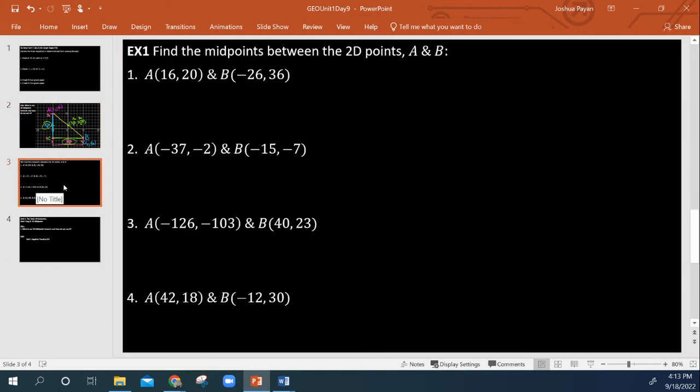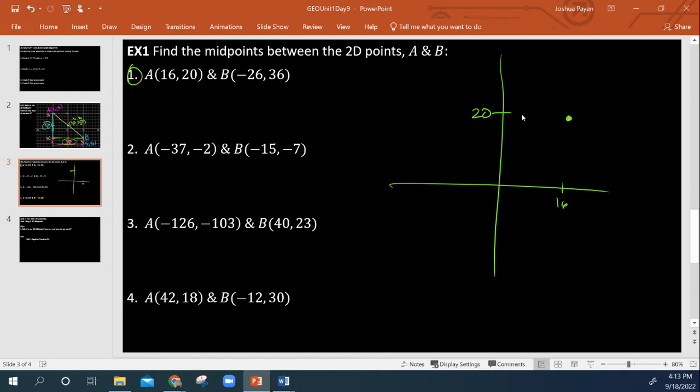Okay, so let's do an actual example here. So on this first example, we say that point A is at 16 by 20. So we'll say about right there 16, and about right there, maybe a little further, is 20. So that's our point A here at 16 by 20.